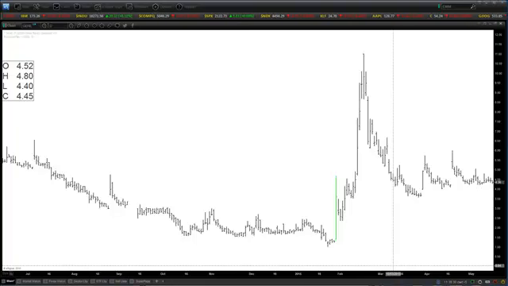This next one is an example of message board hype. The code is GENE, G-E-N-E. Nothing had been going on, and then suddenly some massive expansion of range. What I always do is when I get a signal, I like to find out what the reason is for the signal. In this instance, suddenly some real hype.